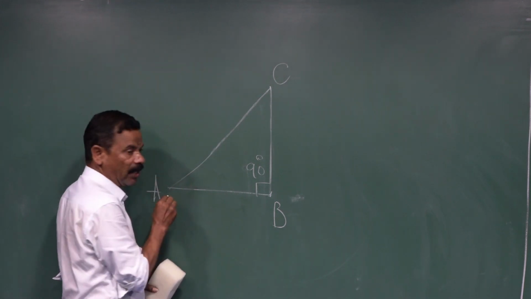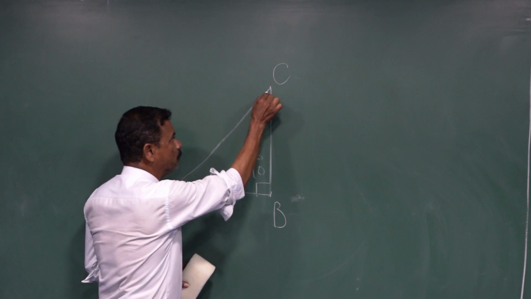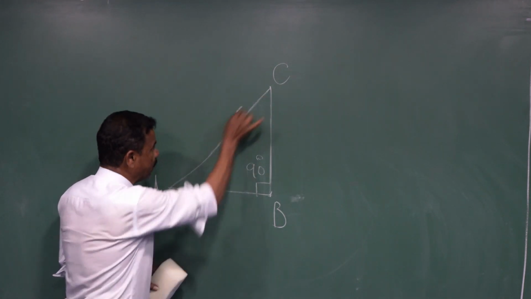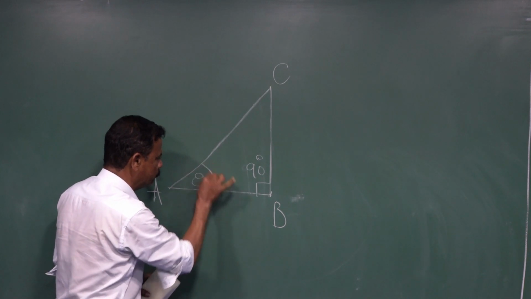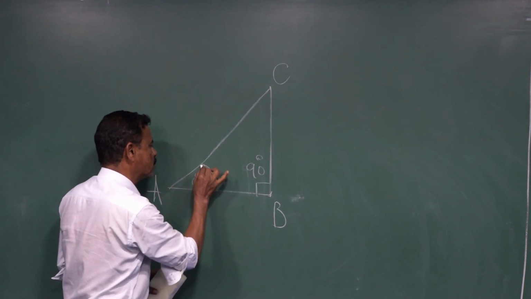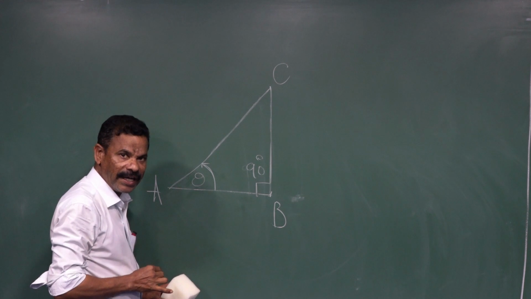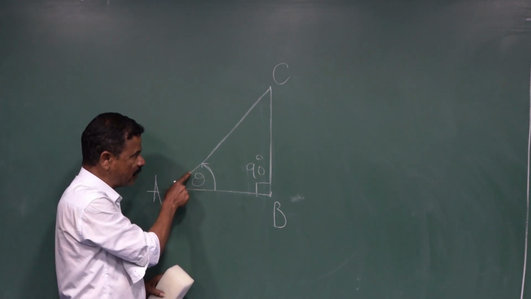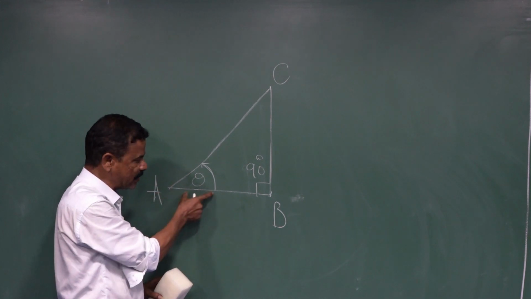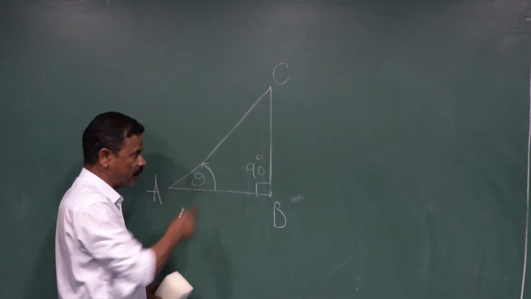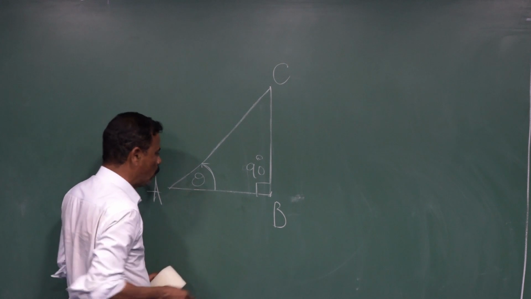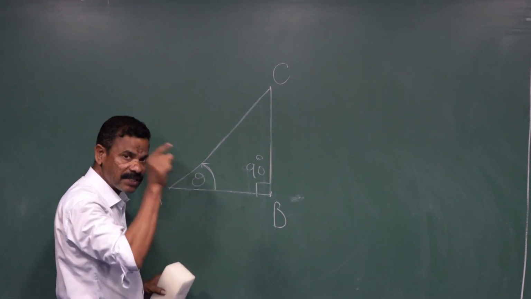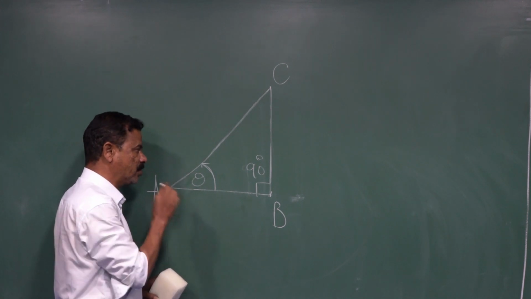So choose any angle from A or C. Let this angle A be taken as theta. From here onwards it is theta. Theta is the angle between these two sides. This is the side, this is the side. This is the hypotenuse. In the trigonometric ratios there are 6 ratios. By using theta, what are the 6 ratios?